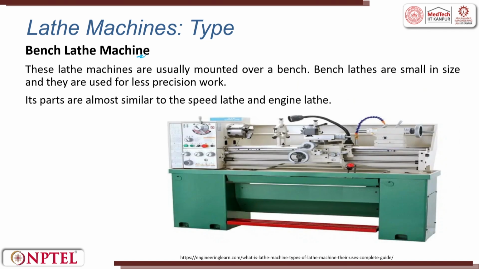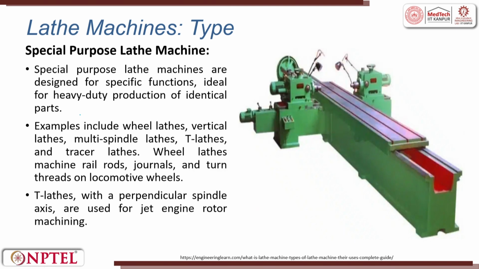Bench lathe machines are large machines where the distance between the headstock and the tailstock is very large, and you can do big jobs. Here it is very similar to the speed lathe and engine lathe. This is a special purpose lathe. Here you can modify the existing lathe machine itself to meet the requirements. Special purpose lathe machines are designed for special functions, ideal for heavy duty operations.